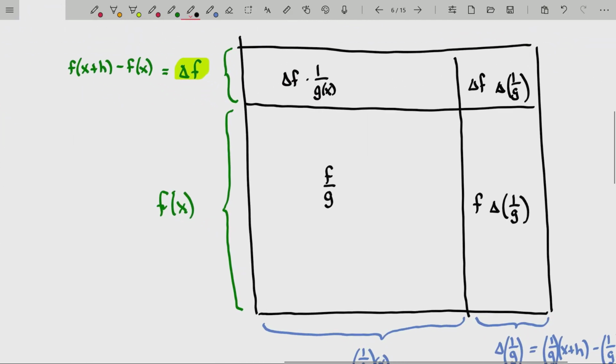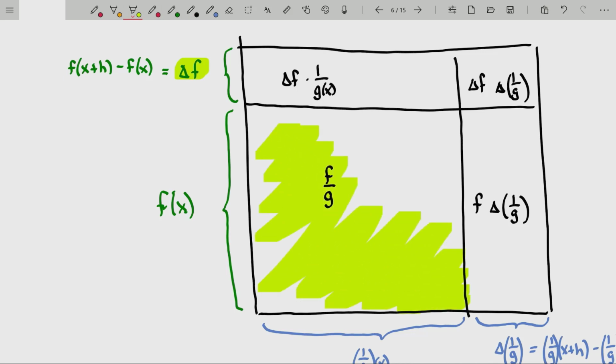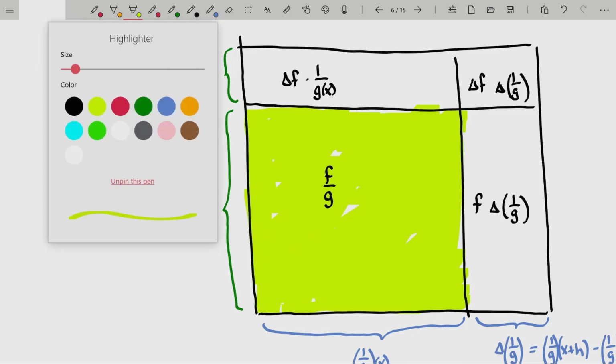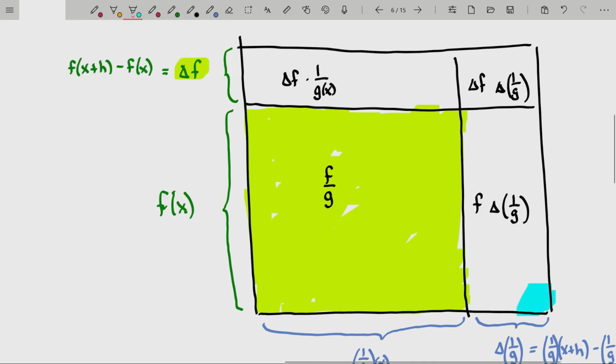But conceptually, if this area in yellow is f over g, and we wiggle the inputs a little bit, we get a change in f over g. We get a change in our output, and that change in our output is going to be all this other remaining area.